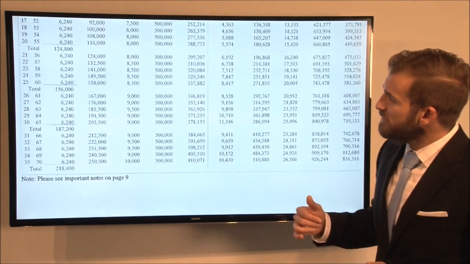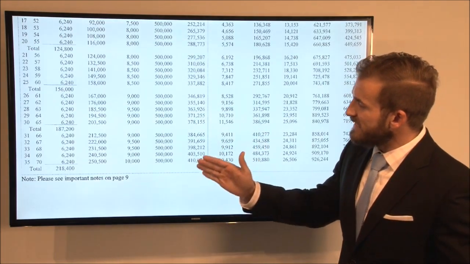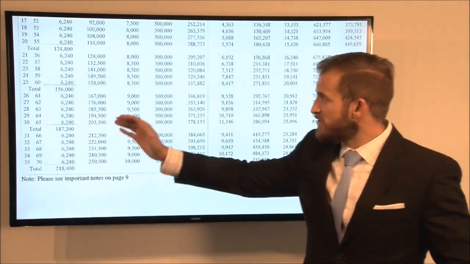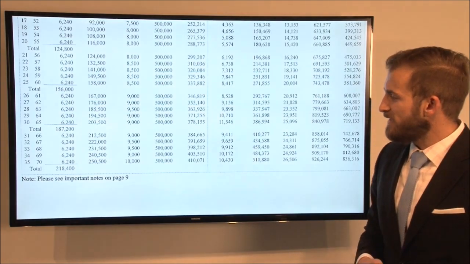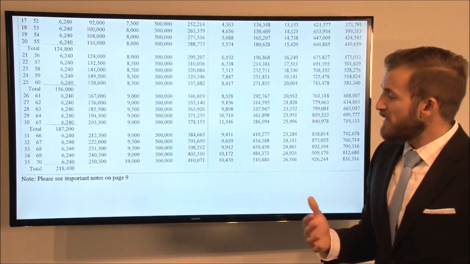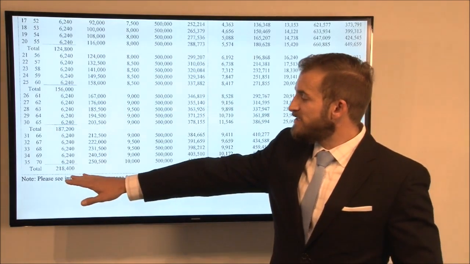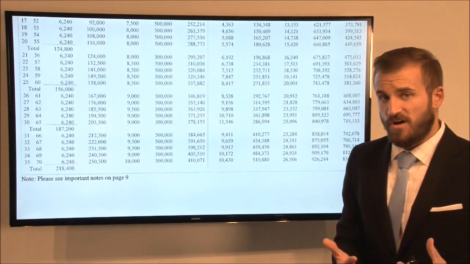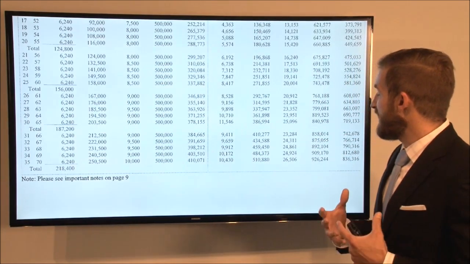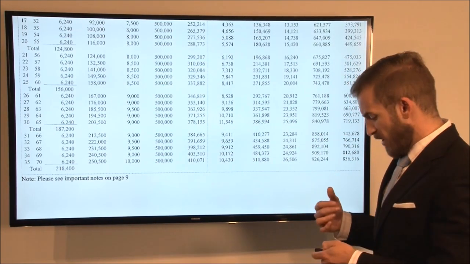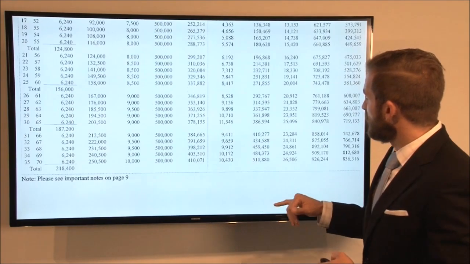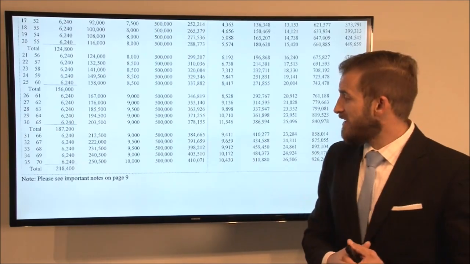If we go further down, this is from year 17 to year 35. So this is from age 52 to age 70. The total amount of money that's been paid in by age 70 is $218,000. But the amount of cash value that's been built up in this policy is $510,000.